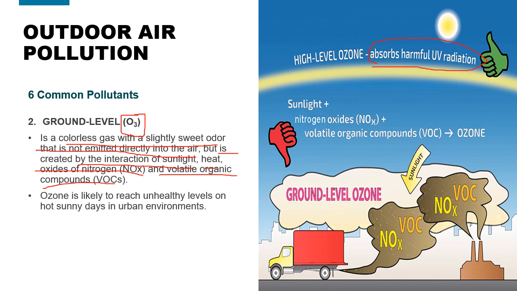Okay, so itong ground ozone na to, involved dito ang sunlight. Okay, involved dito ang nitrogen oxide and of course, volatile organic compounds. So, ito yung magiging ozone na tinatawag nga nating ozone layer. So, ozone is likely to reach unhealthy levels on hot sunny days in urban environments.